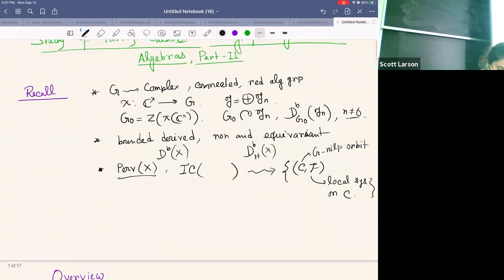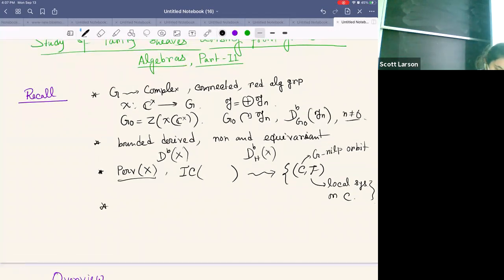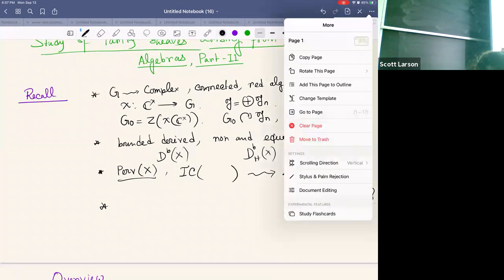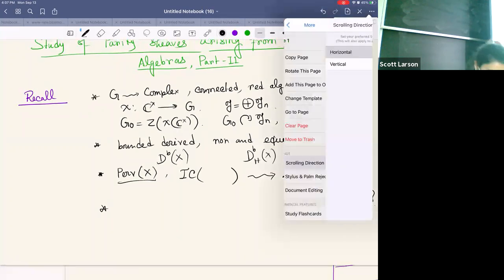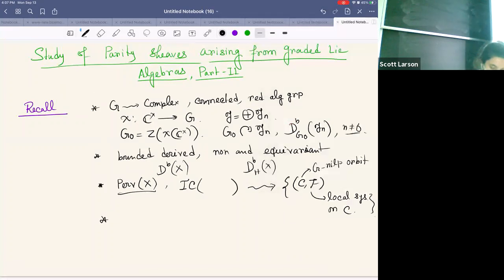And then we talked about, let me change the setting, parity sheaves. I said that to talk about parity sheaves, we need some parity vanishing condition, or the homology vanishing condition, that I will again come back to in this talk.